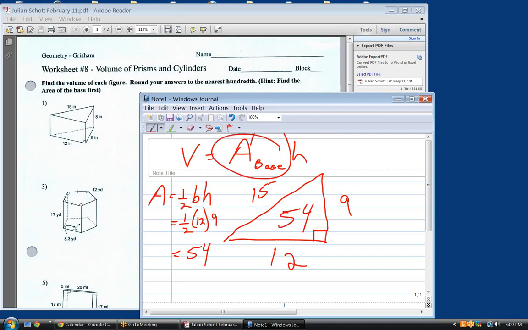So in place of the area of the base, I'm going to put 54, so the volume is going to be 54 times 8. That's the height. When you're looking at these prisms, you have to look through where you're going to slice it. I'm going to slice it horizontally here. No matter where I slice it horizontally, I see this triangle.